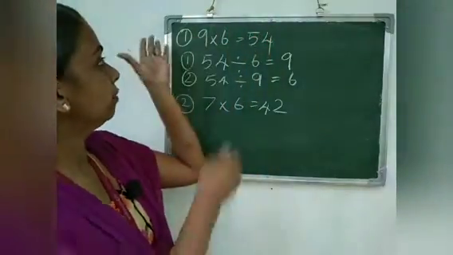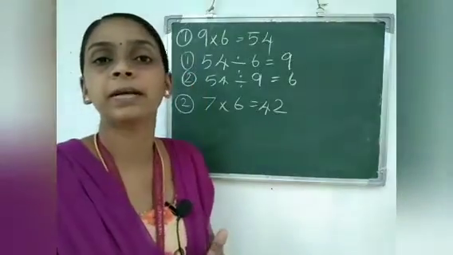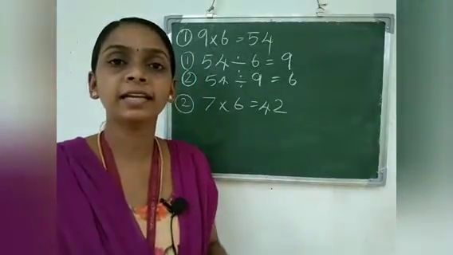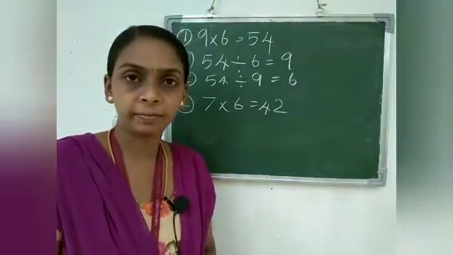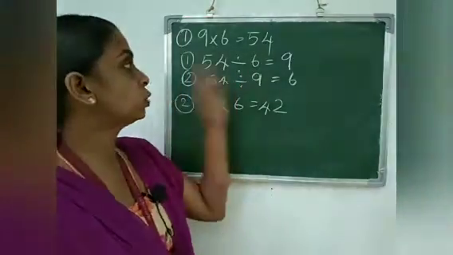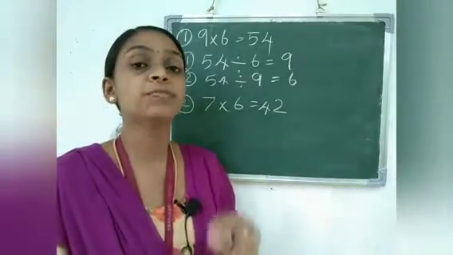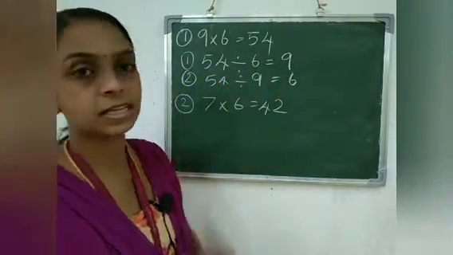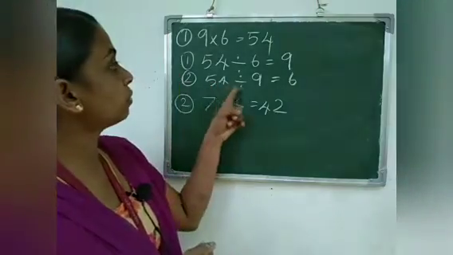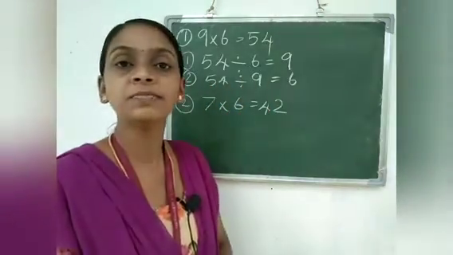So we were given a multiplication fact 9 into 6 equals 54. From that, we wrote two division facts, that is 54 divided by 6 equals 9 and 54 divided by 9 equals 6.